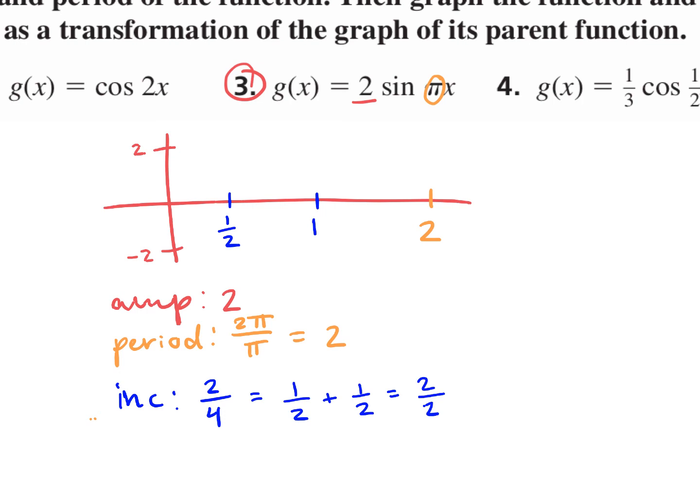And then how do we find the next one? We add 1/2 again. So 2 over 2 plus 1 over 2 would be 3 over 2.